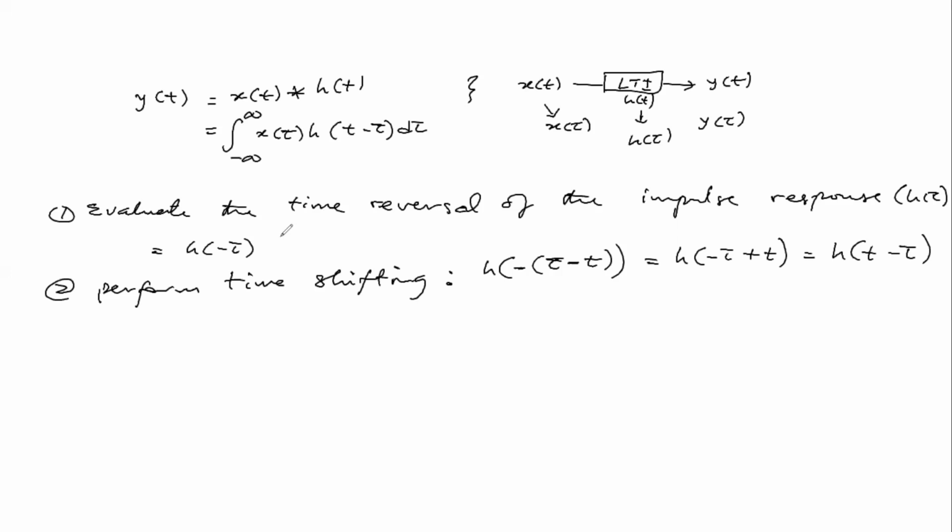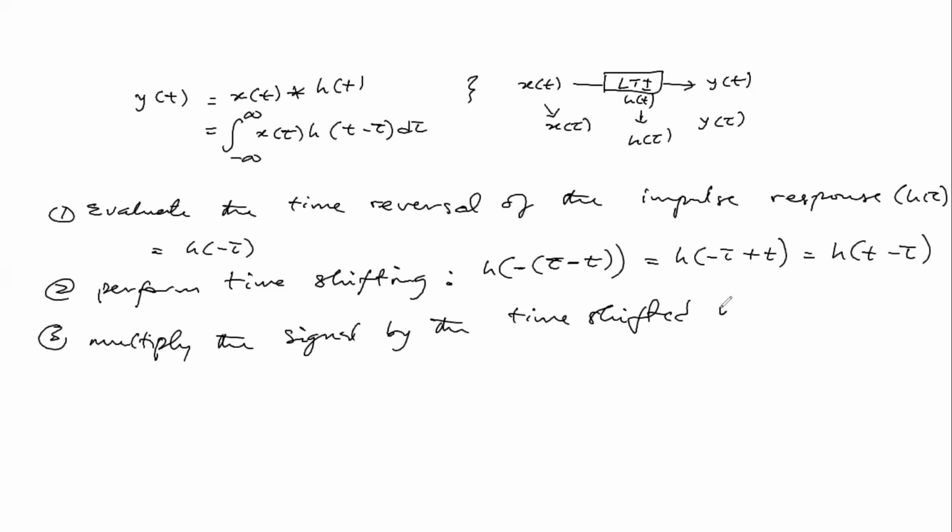But what I needed to figure out right now is that first we evaluate time reversal, then after time reversal, we perform time shifting. Once that is done, we multiply the signal by the time shifted impulse response.